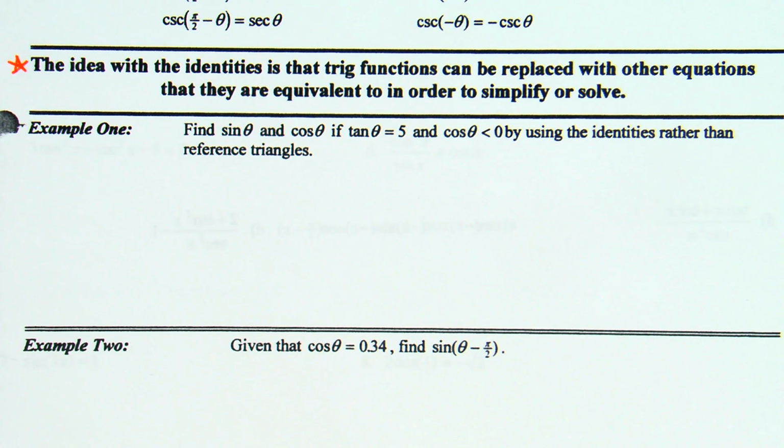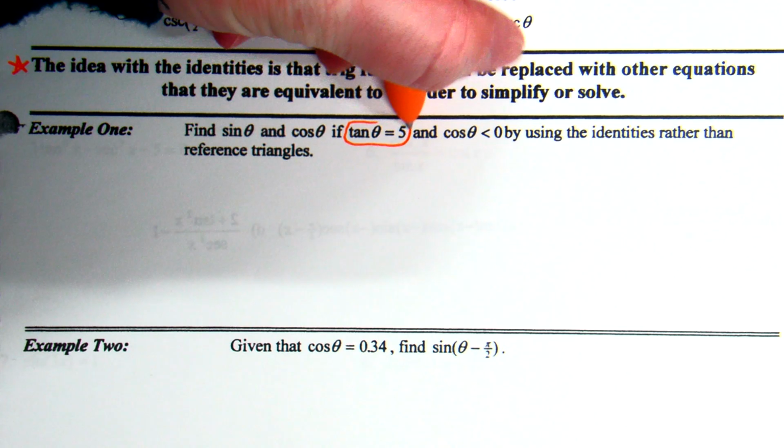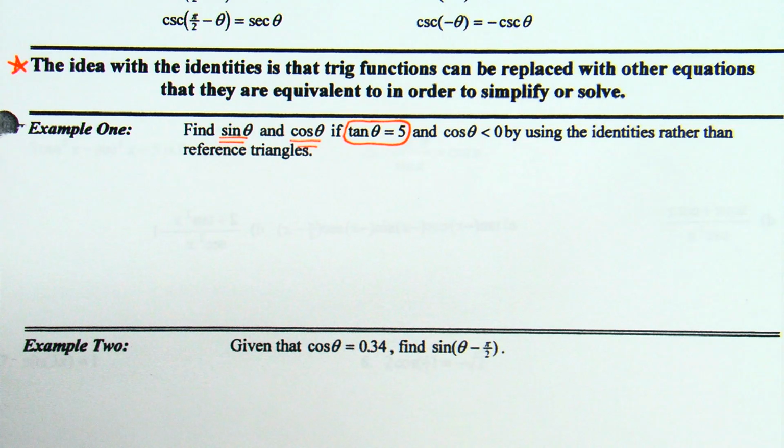On some of the problems on this first page, my big hint is going to be, let's start by thinking about a Pythagorean identity. If we look at our Pythagorean identities, there's 3 of them in the upper right corner of your notes, correct? What information do we know based on example 1? We know that tangent is 5.